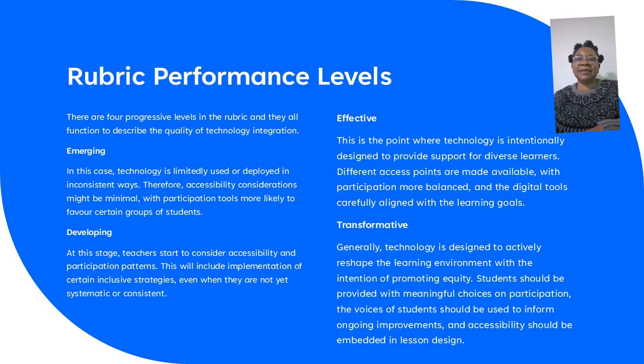The rubric performance levels. I have four progressive levels in the rubric, and they all function to describe the quality of technology integration. Emerging. In this case, technology is limitedly used or deployed in inconsistent ways.